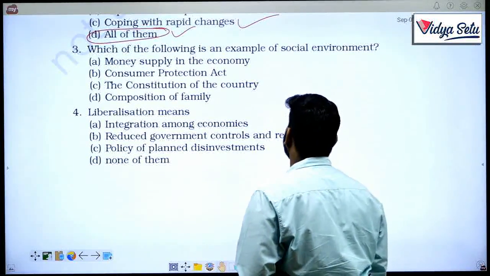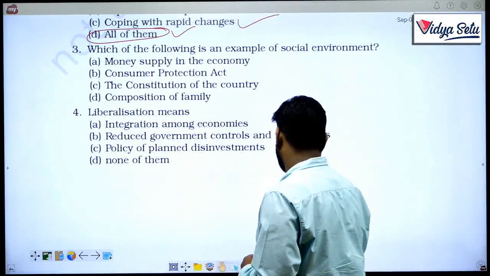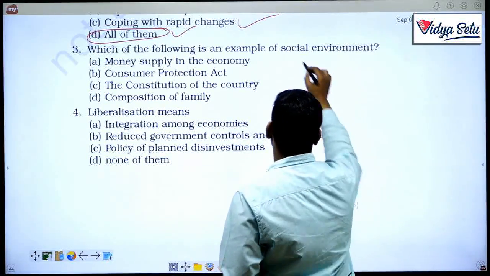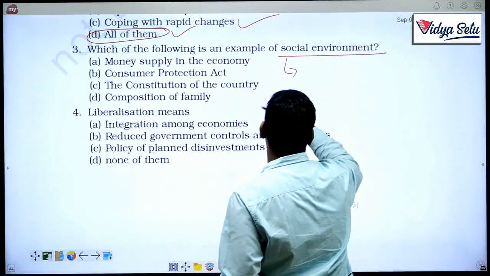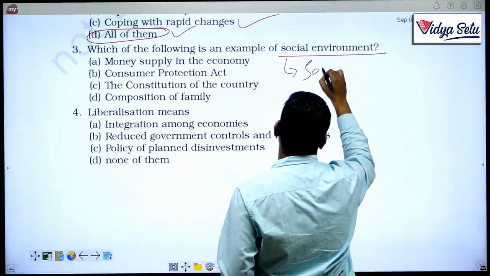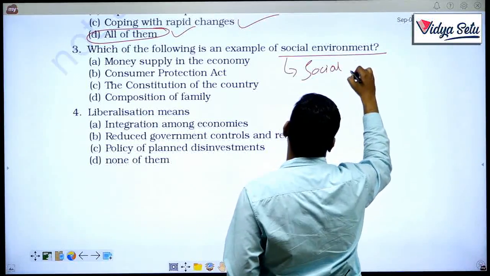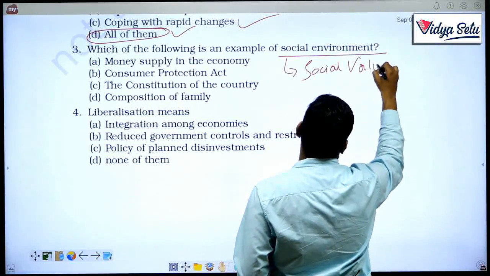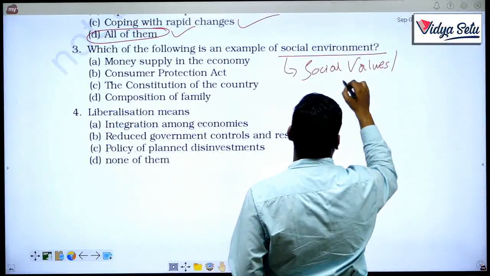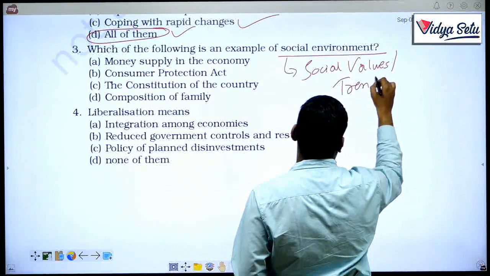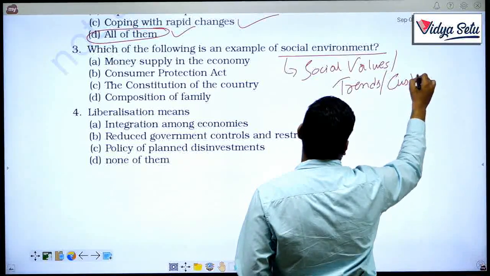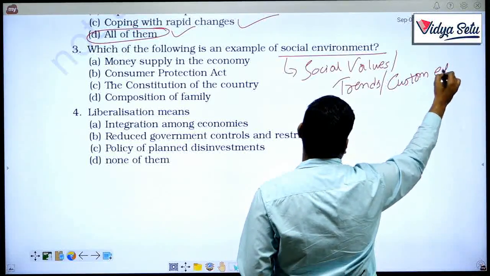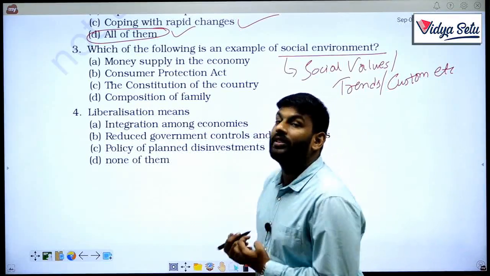Next is, which of the following is an example of social environment? Okay, my dear friends, it deals with the social environment. Social environment generally deals with social values, trends, or customs, etc. It deals with all these kinds of things.